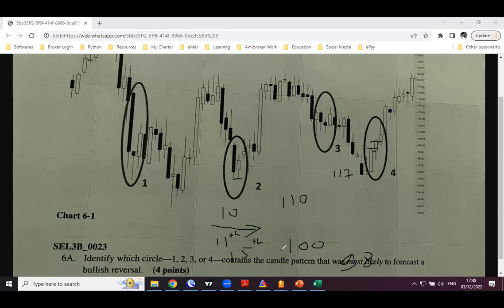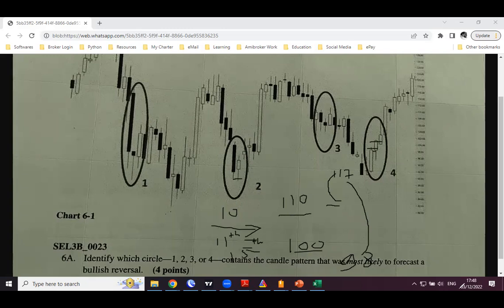What's the pattern formed? Think in terms of logic. Now try to create this: I've been between 100 and 110 on the 10th, 11th and 12th day, opening in the range and making a high of 117, and on the 15th trading day I'm closing at 98 having lost all the gains. What's the pattern formed over here?